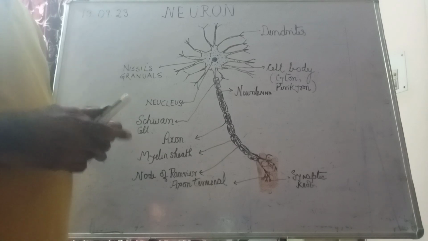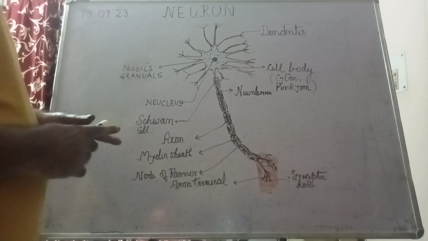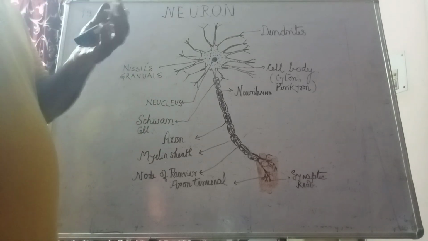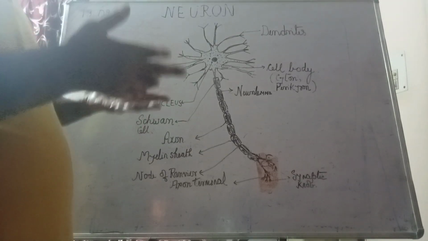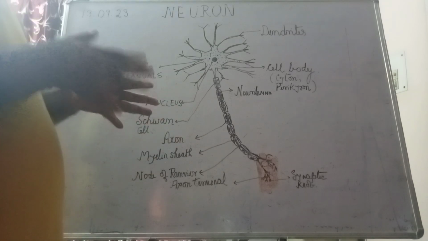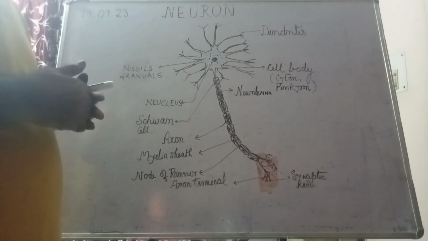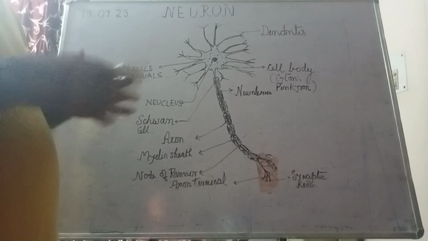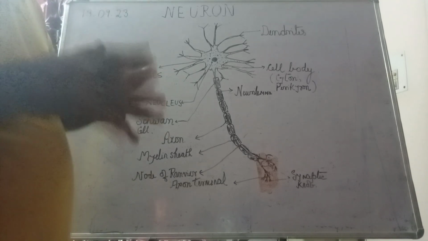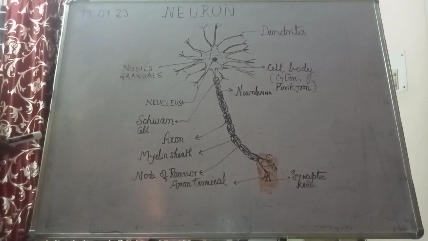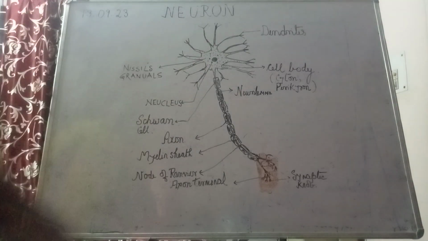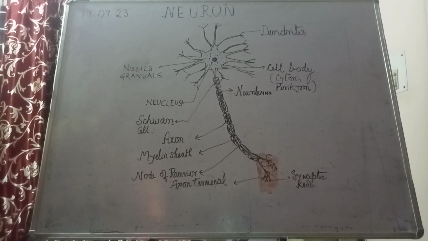Association neurons are there in the brain and in the spinal cord, so that this linking of the neurons takes place properly, and control and coordination is maintained smoothly. So this is the purpose. So you understood the types of neurons based on their functions also. Okay.